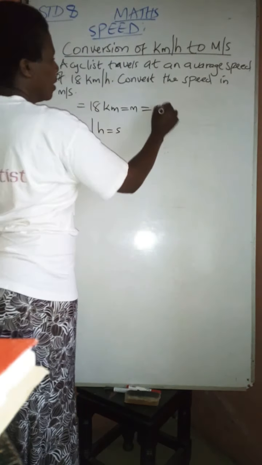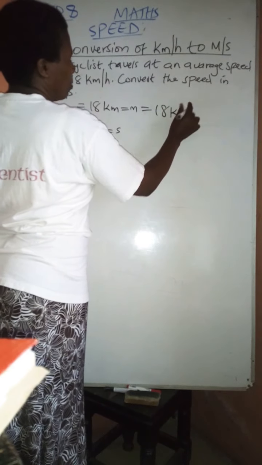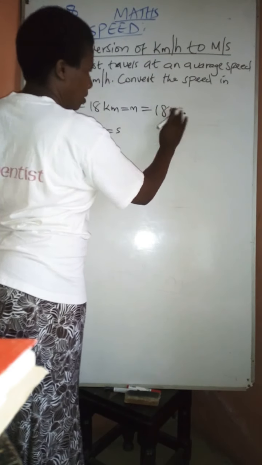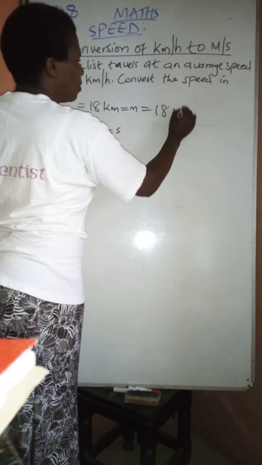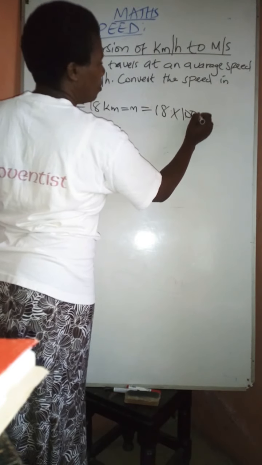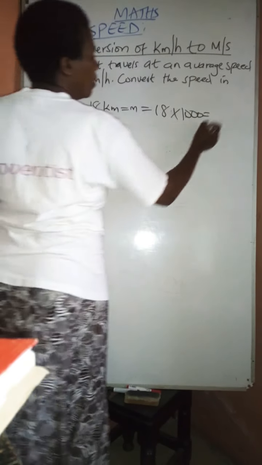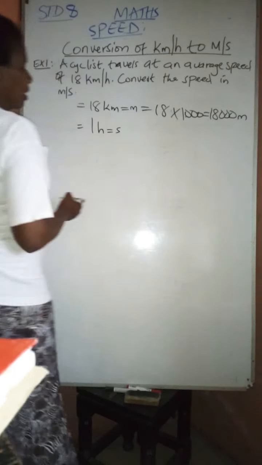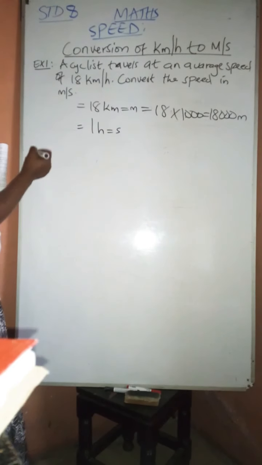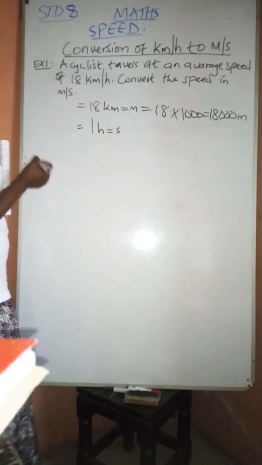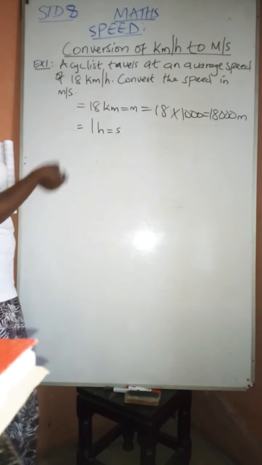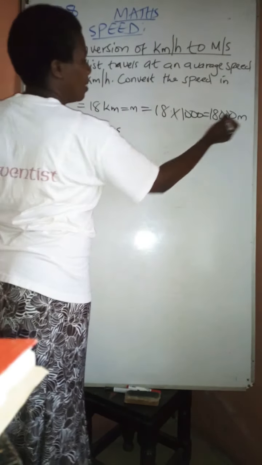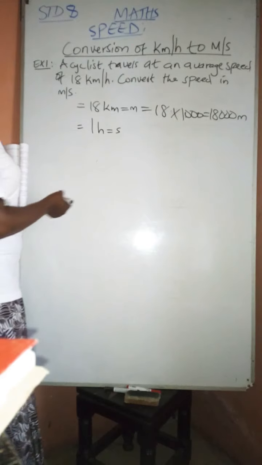Therefore, 18 kilometers will be equivalent to 18 times 1,000, which is 18,000 meters. Since 1 kilometer has 1,000 meters, 18 times 1,000 will give us 18,000 meters.